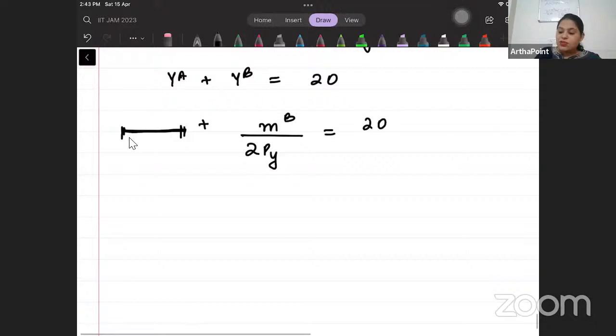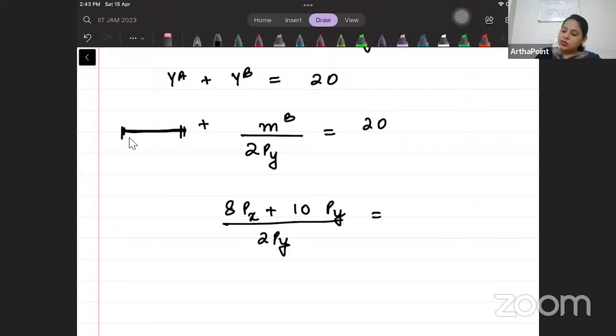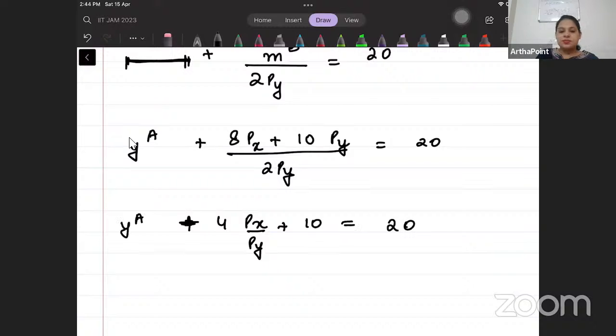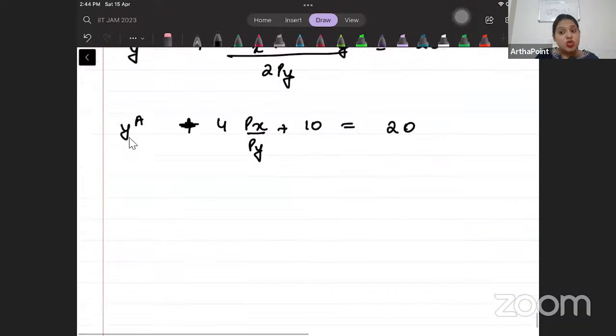Income of individual B was, his endowment bundle was 8, 10. So 8Px plus 10Py upon 2Py is equal to 20. This is what B will consume, right? So this is going to give you 4 Px by Py plus 10 is equal to 20. But Px by Py is 2.